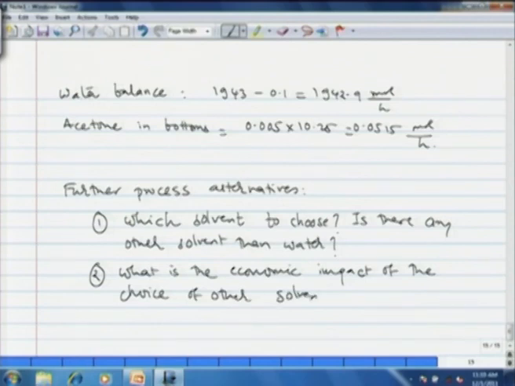One important thing that we have not included in the material balance is the loss of water through absorber. Okay. Since absorber is essentially a gas liquid contactor, the air that will exit from absorber will be saturated with water vapor. Therefore, not all of the water that enters the absorber will come out. Some small loss of water will be there.